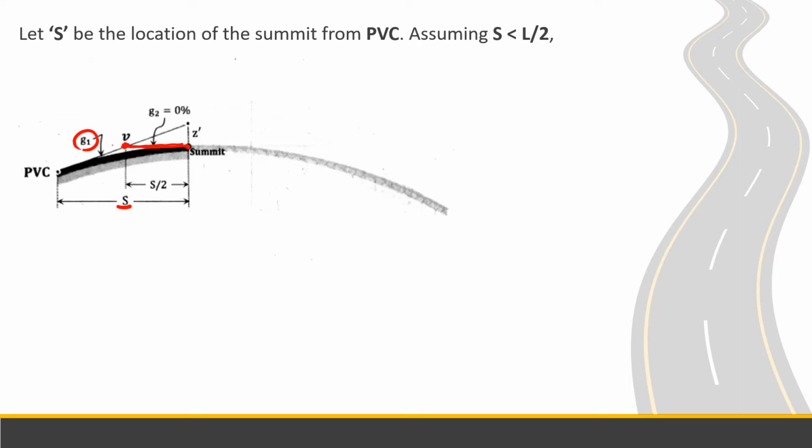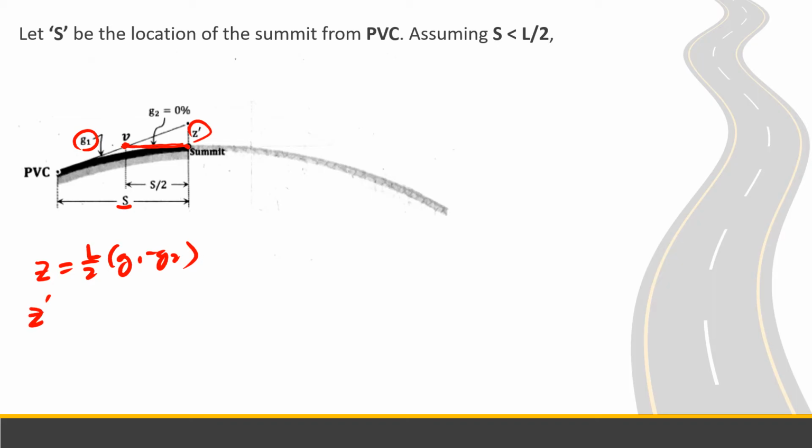From the first equation, Z equals L over 2 times G1 minus G2. We will also find Z prime.